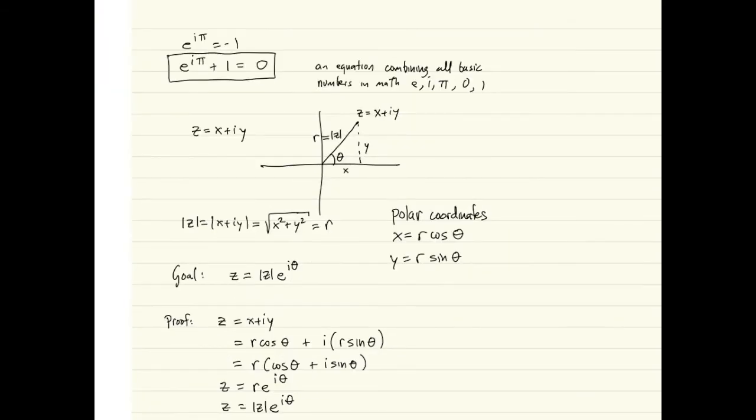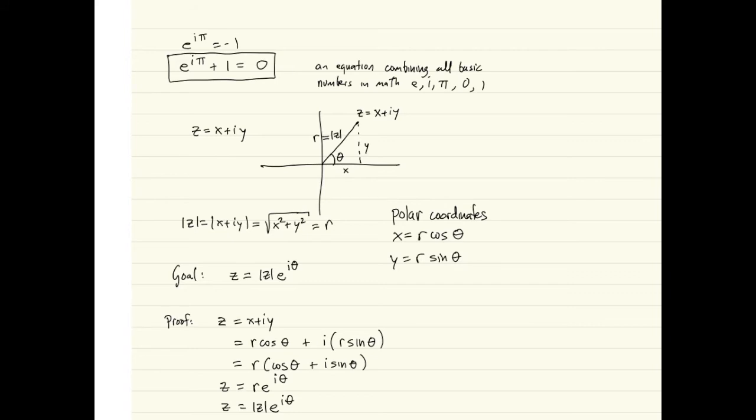So we get that e to the i pi is -1. Moving the -1 to the other side by adding 1 to both sides, we get e to the i pi plus 1 equals 0. What's cute about this is that it's an equation combining all the basic numbers in math: e, i, pi, 0, 1. I mean, it's just cute. It doesn't necessarily have a whole lot of theoretical significance.